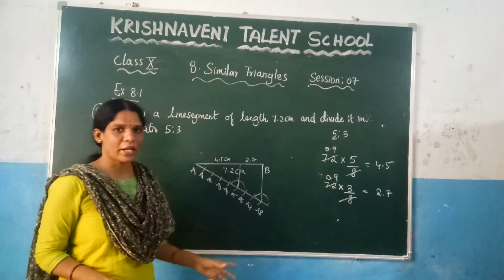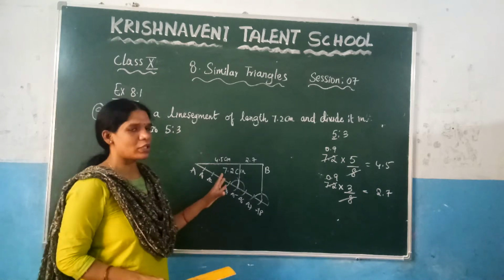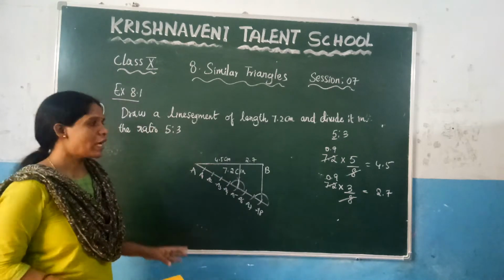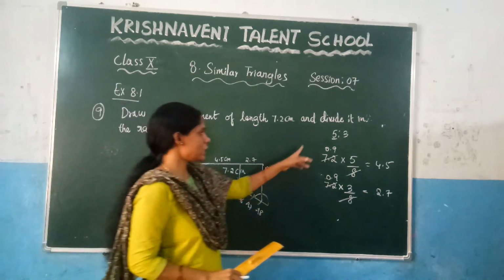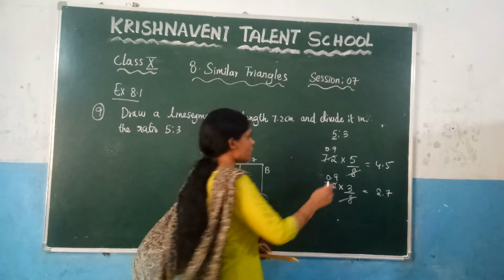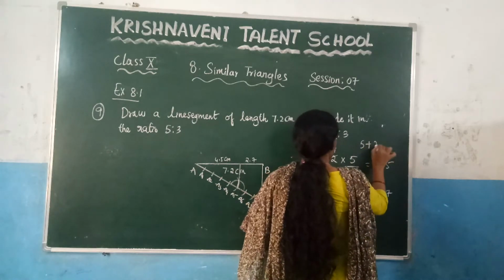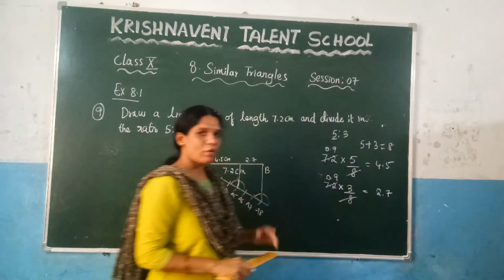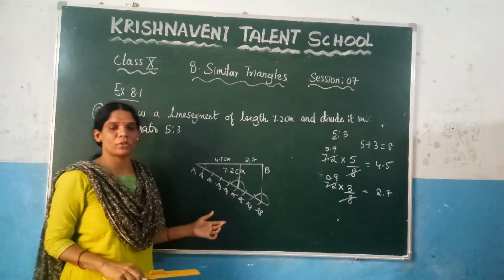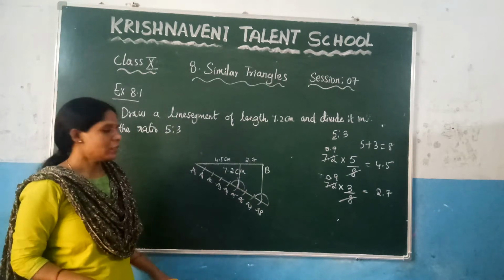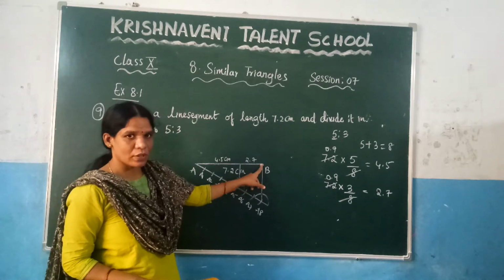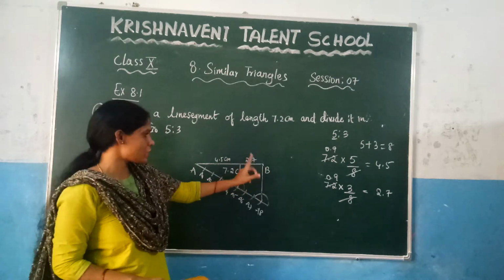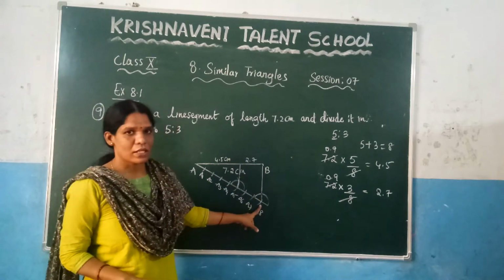Again I am saying, first you need to draw the line segment that is given, and after that you have to check what the total parts are. Since the total parts are 8, which is 5 plus 3, you need to draw one acute angle, and after that draw 8 arcs, and then join the ending vertex of the line segment to the last arc.